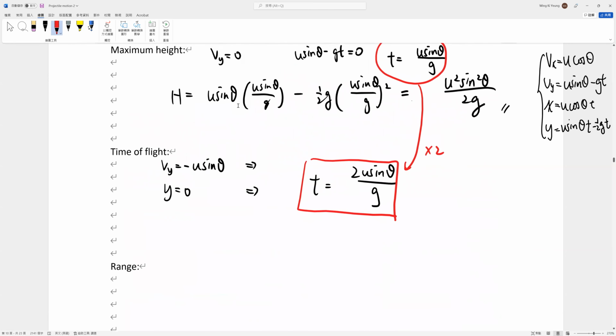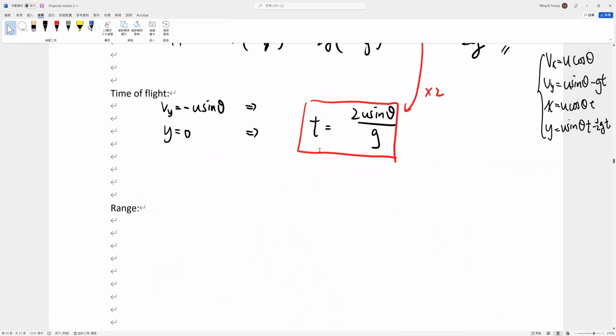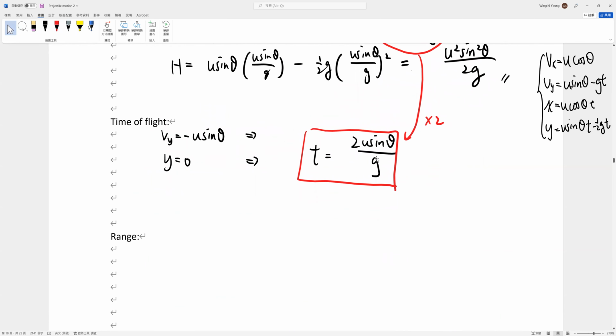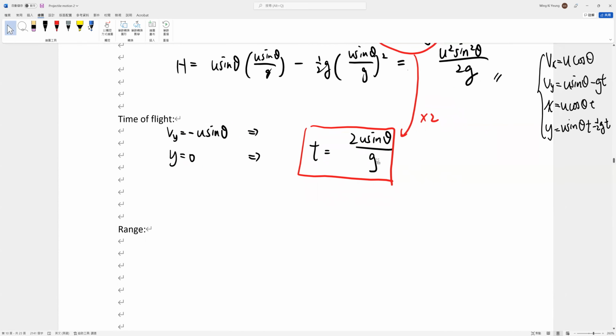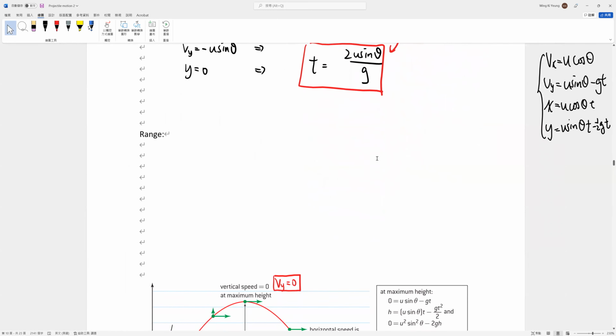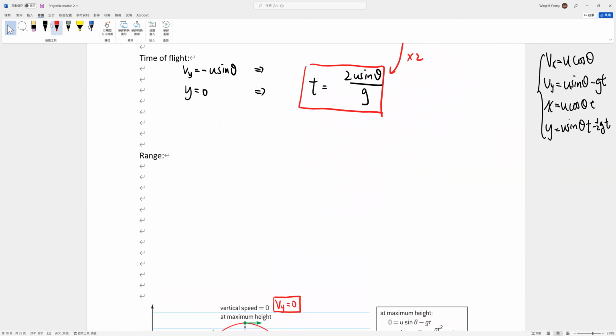Okay. The next one is about the range. Now, for the range, it means the horizontal displacement. Then we substitute in this formula.